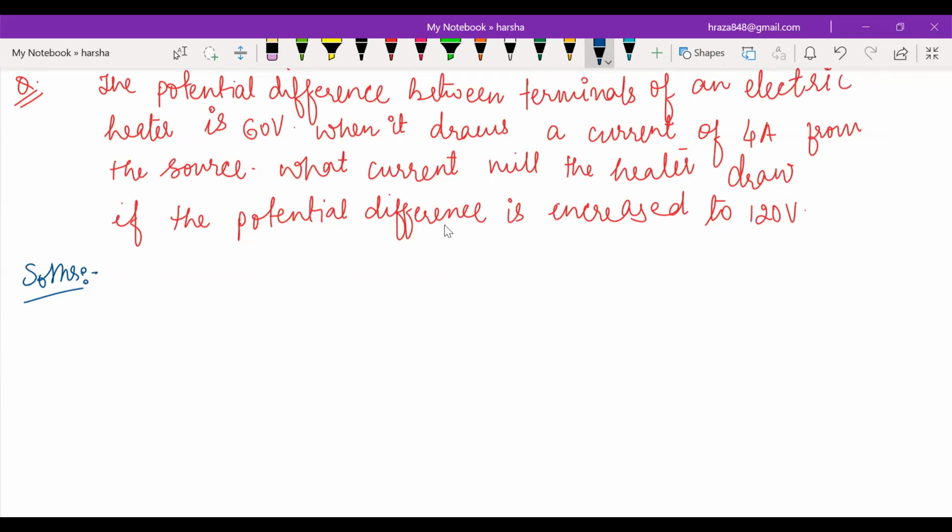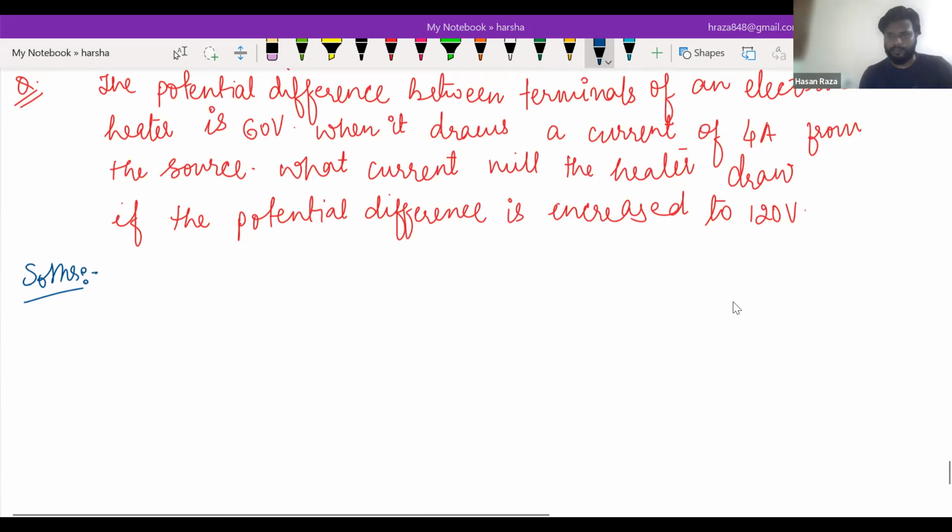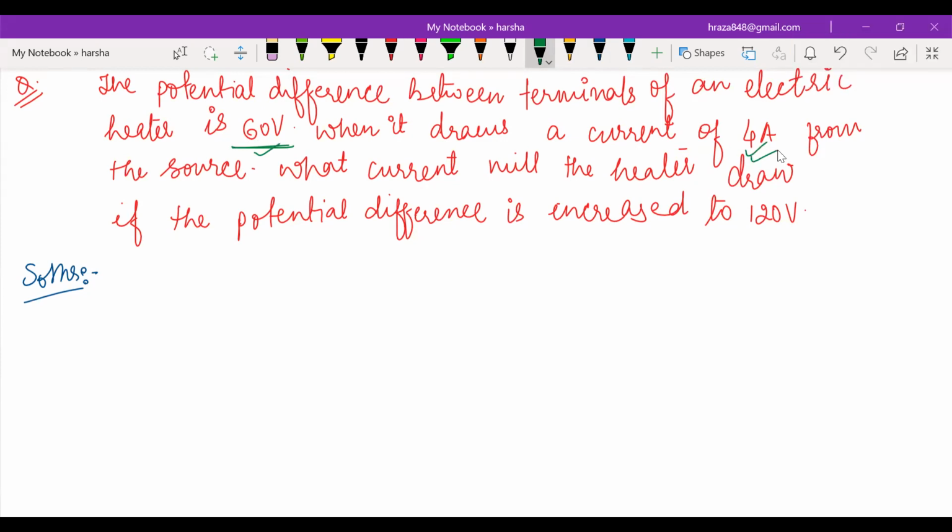Sir, the resistance will change with potential difference. No, resistance in a wire is fixed unless its length or area is changed by other means. Okay, sir. So you can calculate resistance with the help of potential and current, right? Yes, sir. So that resistance will be fixed, and here the potential difference is increased to 120 volt. That means resistance is given that you have just calculated, and potential is already given. So can't you calculate current? Yes, sir. Very good.